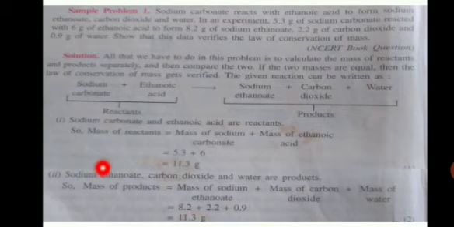Mass of the products is equal to mass of sodium ethanoate plus mass of carbon dioxide plus mass of water, because there are 3 products obtained. So add up the masses together. 8.2 plus 2.2 plus 0.9. What we got is 11.3.